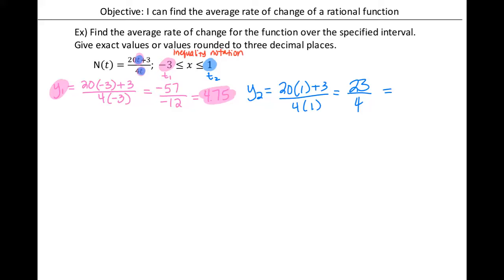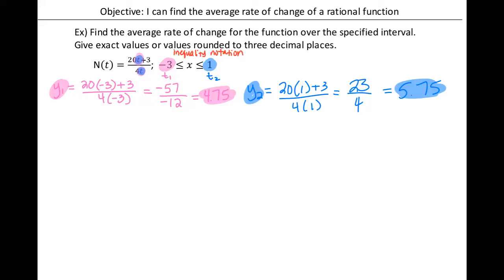Okay, thank you. And then for the answer, Carlos, what did you get for y2? 23 divided by 4. Can you plug it in really quick? 5.75. Thank you. So now I know that my y2 value is 5.75.